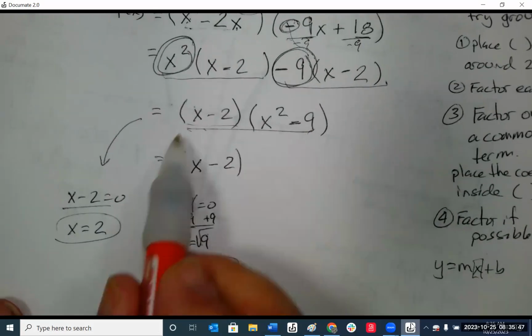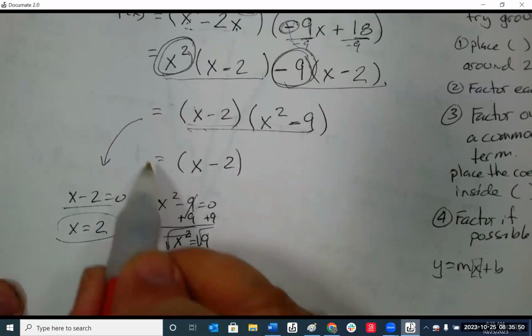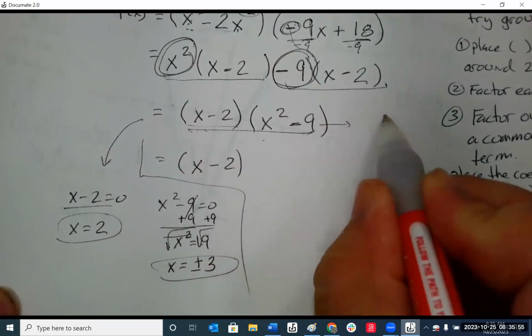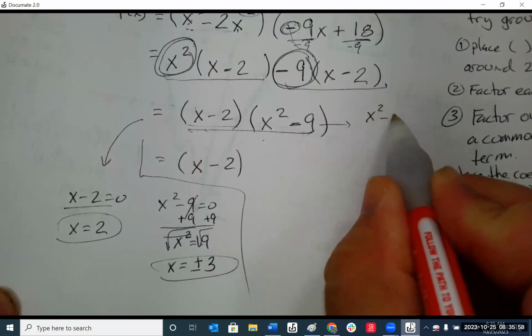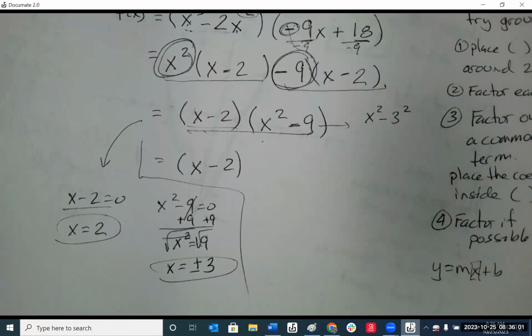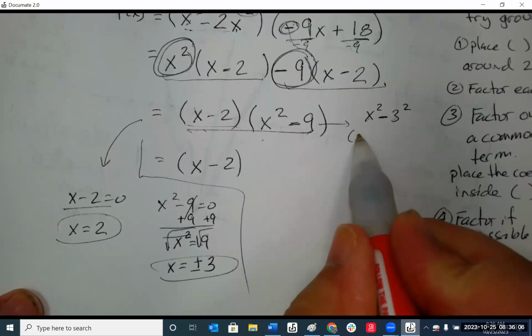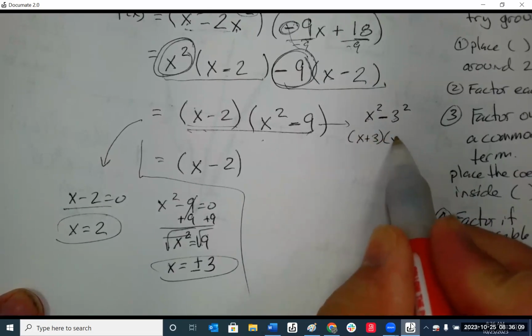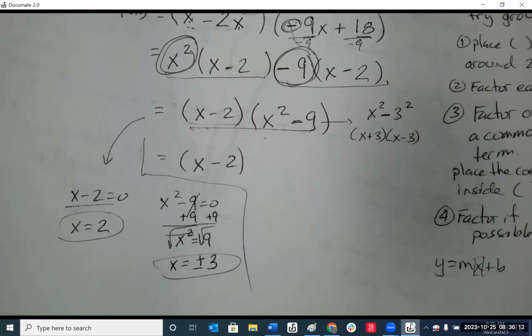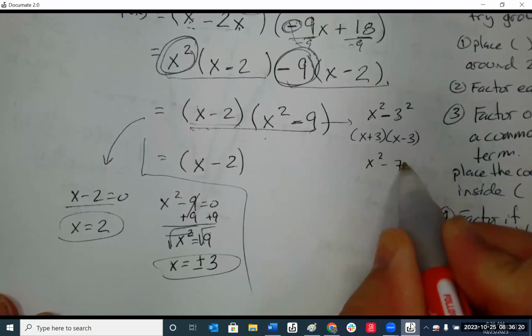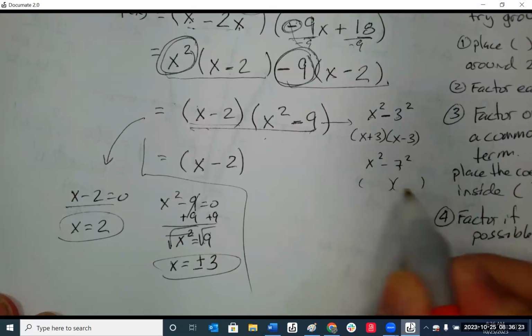So at this point here, we could solve for zeros, or we could have factored. This is the same thing as x squared minus 3 squared. It's a difference of 2 squares. Whenever you have 2 terms that are squared with a minus between them, it becomes that. So if I had x squared minus 7 squared, then it would be x plus 7, x minus 7.